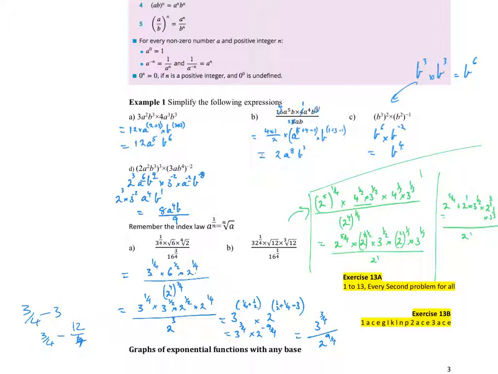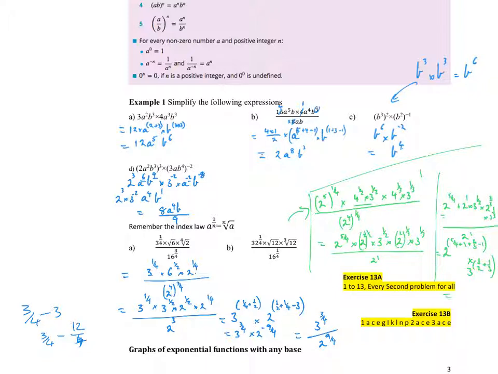So let's get all our 2's together. 2 to the power of 5 on 4 plus 1 plus 2/3 minus 1 times 3 to the power of a half plus a third.